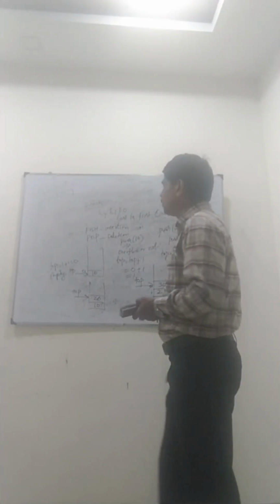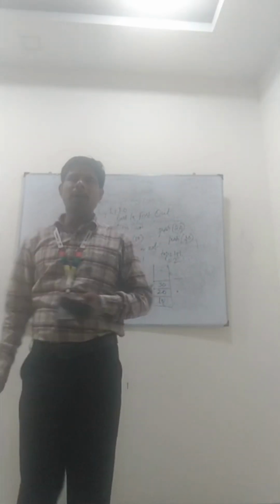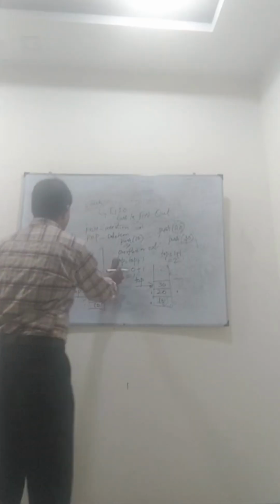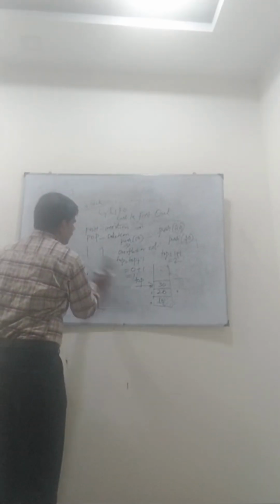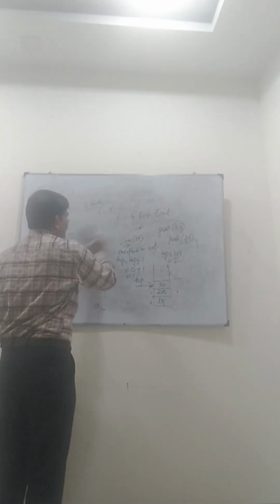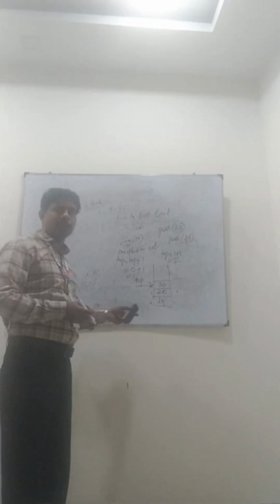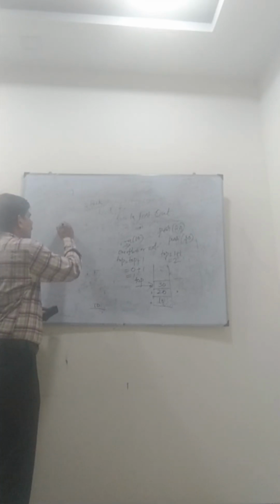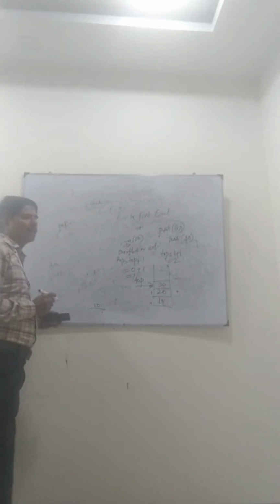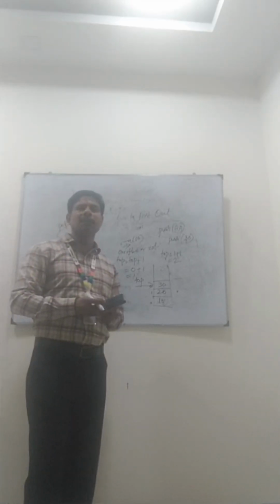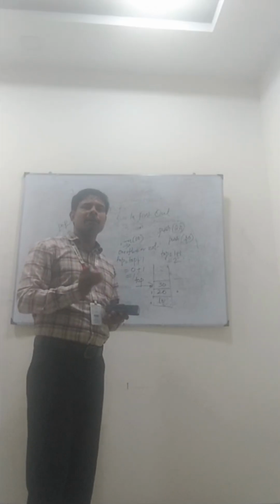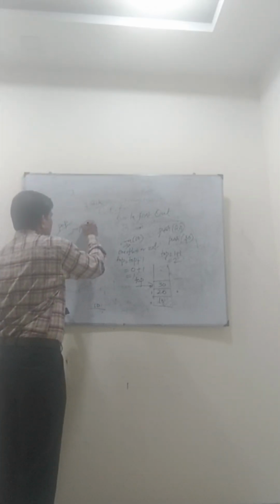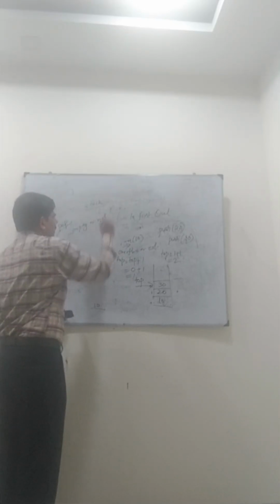Suppose we are going to perform the pop operation. Pop means we remove an element from the stack. The stack already contains 3 elements. Pop means deletion, so we should check whether the stack is empty or not.